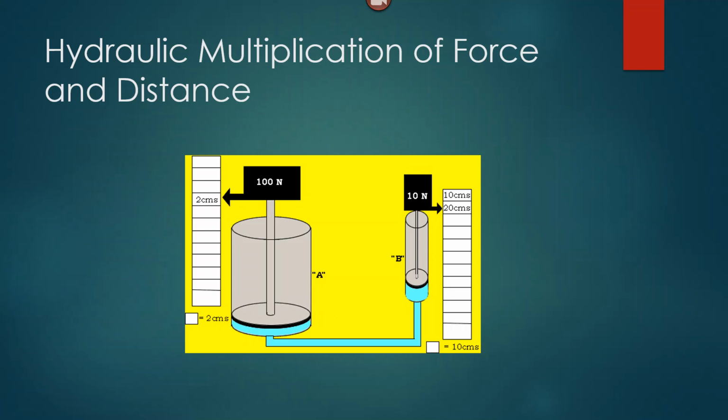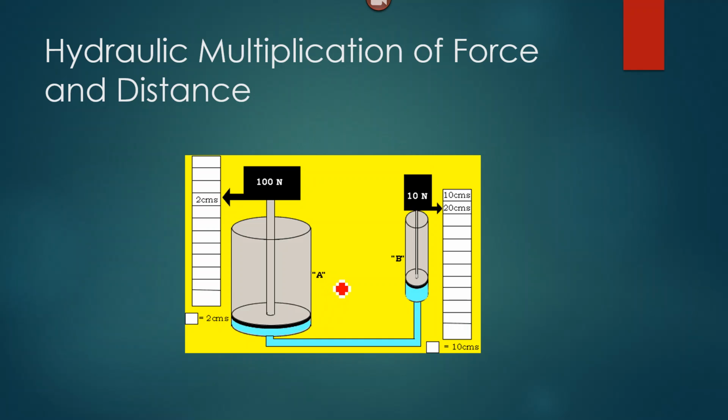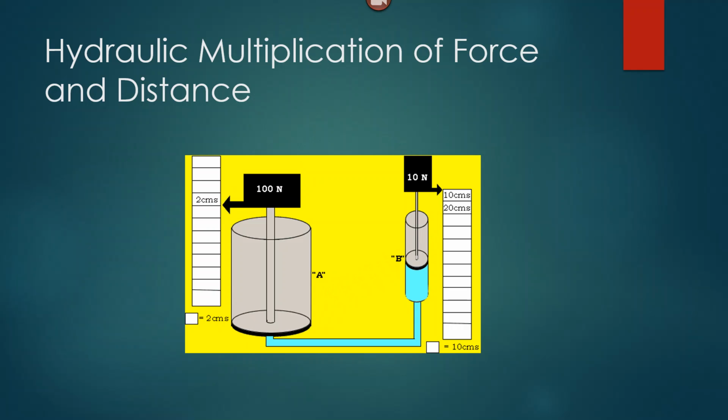If our force is 10 newtons on cylinder B, then the force on cylinder A is going to be 100 newtons. So basically, cylinder B is going to move 10 times further than cylinder A, but require 10 times less force. If we figure out the amount of work, the work remains the same.